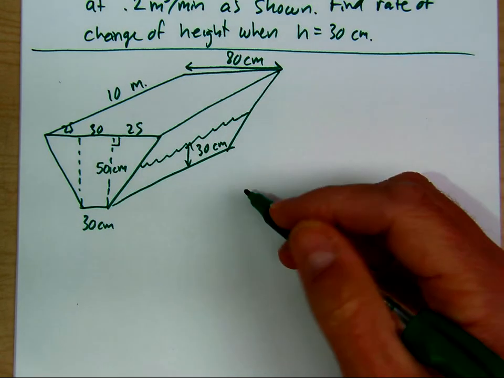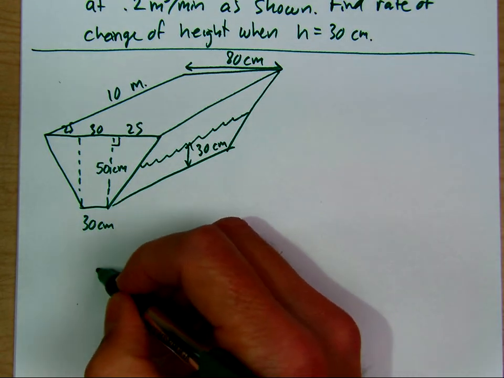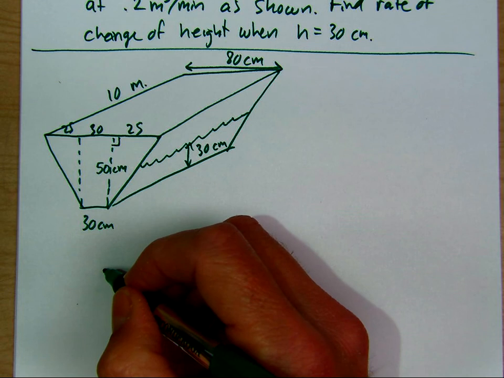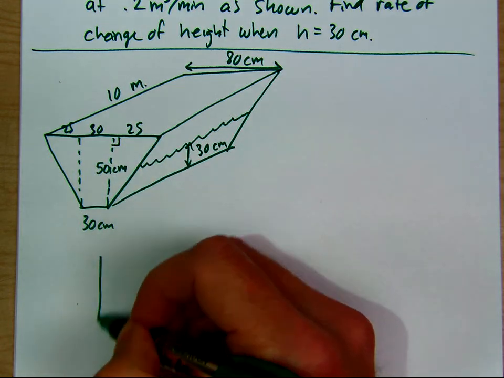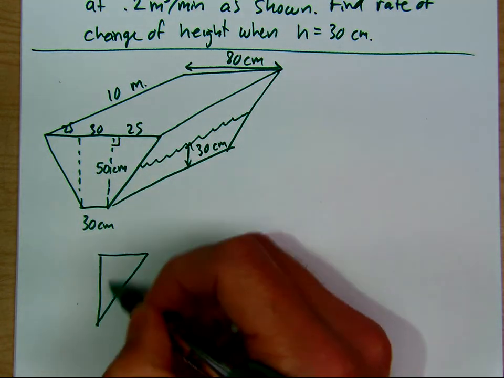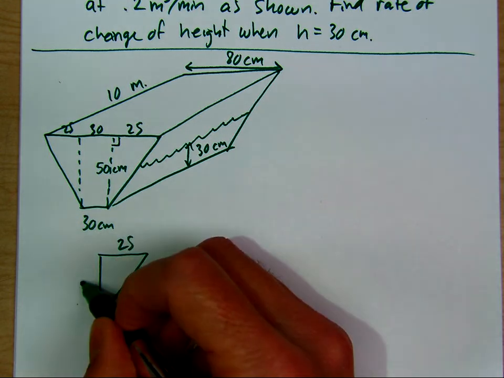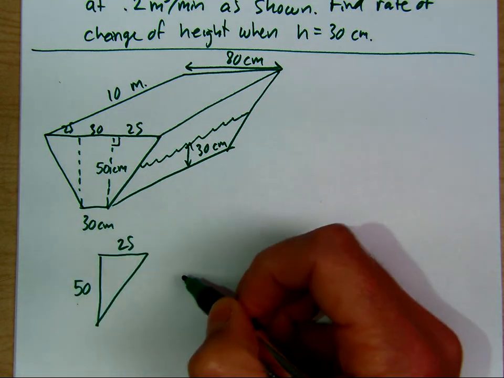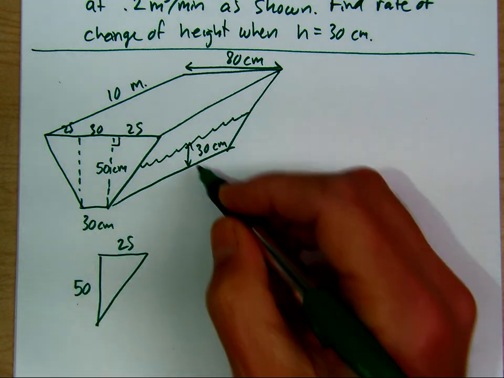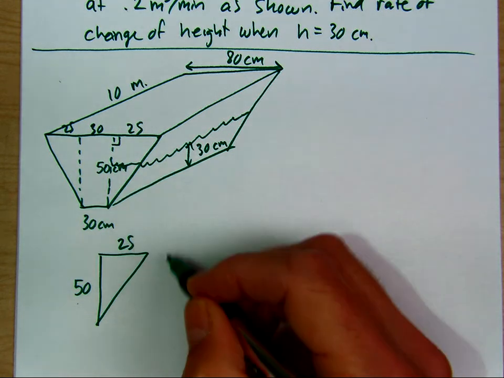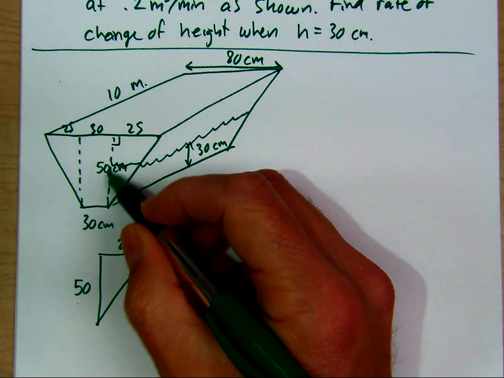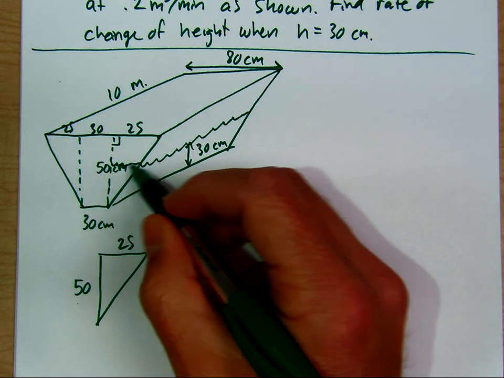And we need to look at the ratio of the sides of the right triangle so we can reduce the number of variables. If we have a 25 here and a 50 there, then when the water fills up, we want to know about, we know that's 30, and what's that going to be?